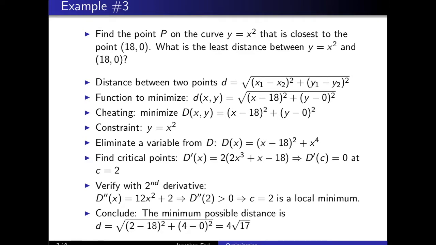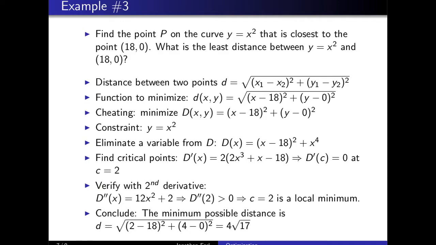With the second derivative, we get 12x squared plus 2, so D double prime of 2 is going to be positive, which tells us that x equals 2 is a local minimum. We can conclude that the minimum possible distance is found with the point (2, 4), and that gives us a distance from the point (18, 0) of 4 times the square root of 17.